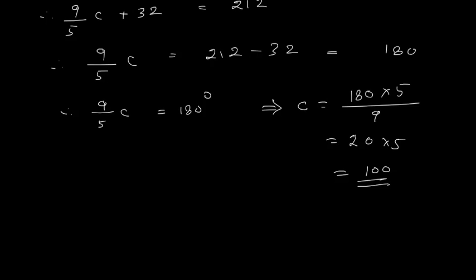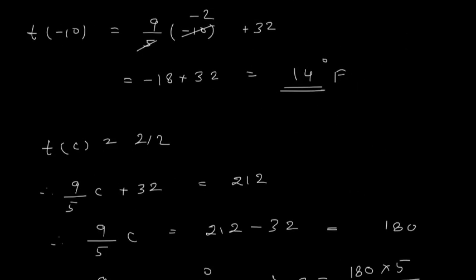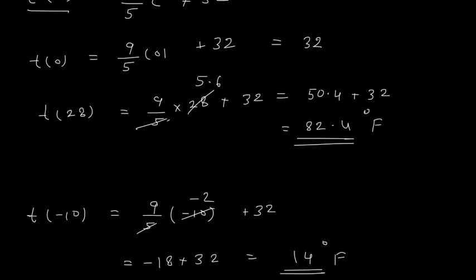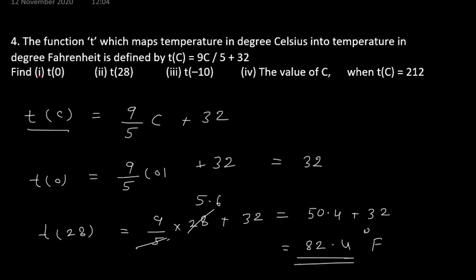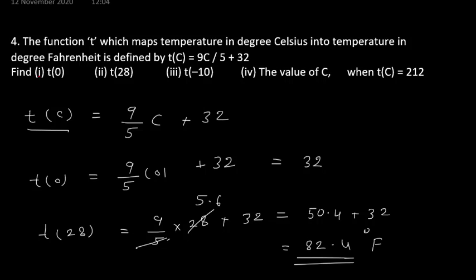So when the temperature is 100 degrees Celsius, its value in Fahrenheit is 212 Fahrenheit. So 212 Fahrenheit is equal to 100 degrees Celsius. You should remember these two values: 0 degrees Celsius is 32 Fahrenheit and 100 degrees Celsius is 212 Fahrenheit.